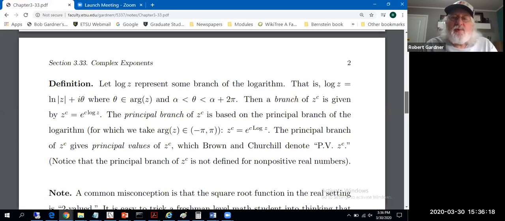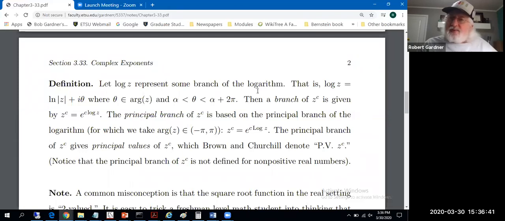All right, just as we had a principal value and a principal branch of the logarithm, we're going to have branches and principal branches of this z to the c function. So let lowercase l log z represent some branch of the logarithm.